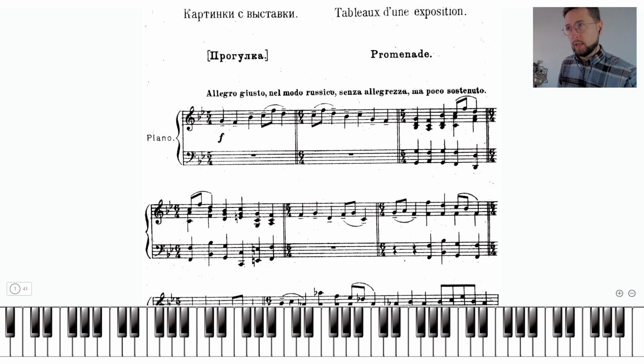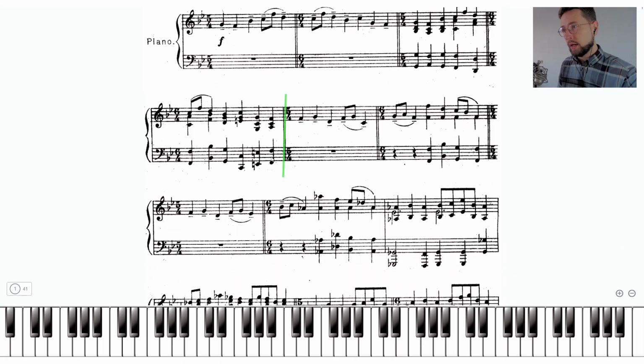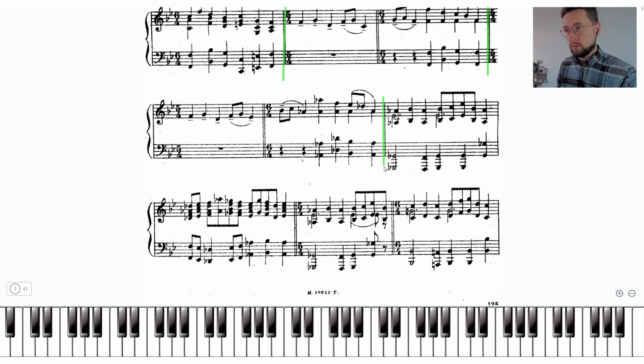This will be the first phrase that actually has this call and answer, call and response. We had a similar structure, and then that's the beginning of something new.